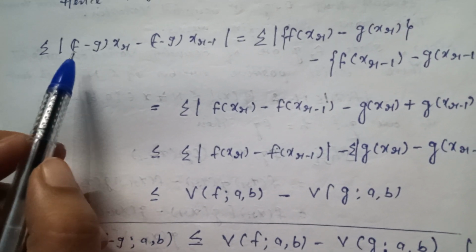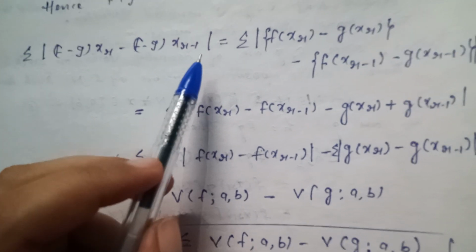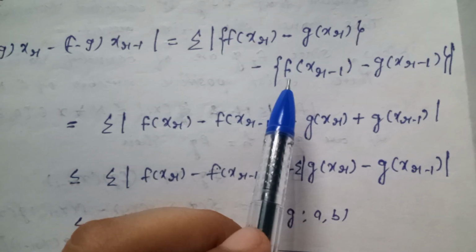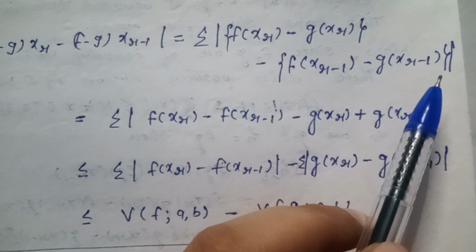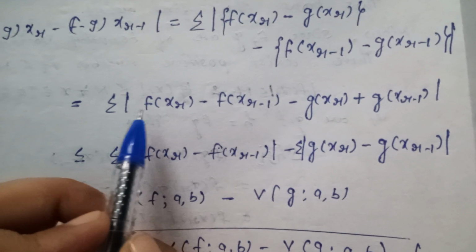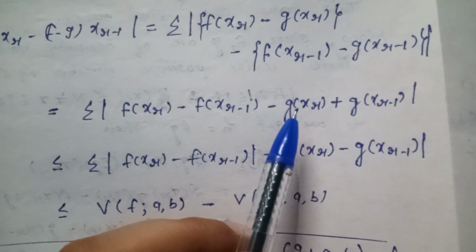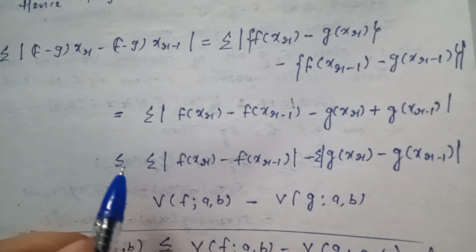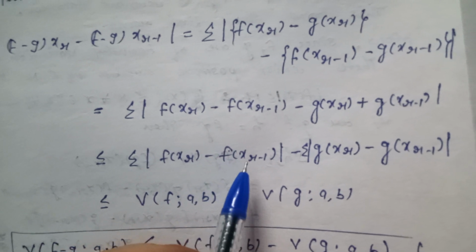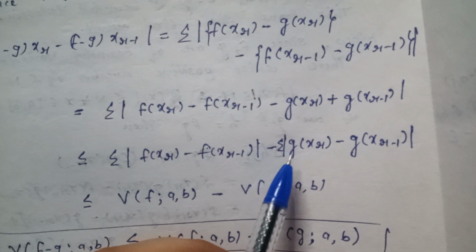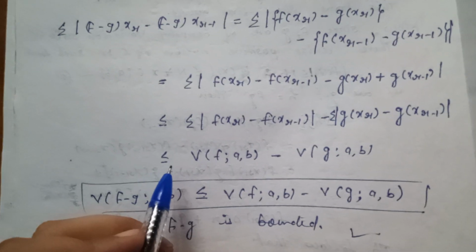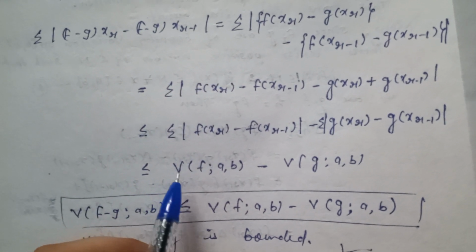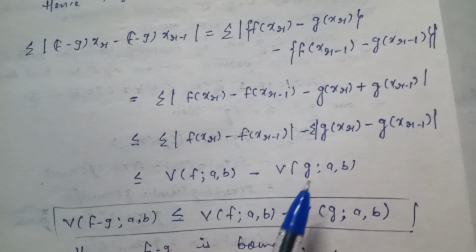Now summation mod (f minus g)(x_r) minus (f minus g)(x_{r-1}) is equal to summation mod f(x_r) minus g(x_r) minus f(x_{r-1}) minus g(x_{r-1}), which is equal to summation mod f(x_r) minus f(x_{r-1}) minus g(x_r) plus g(x_{r-1}), which is less than or equal to summation mod f(x_r) minus f(x_{r-1}) plus summation mod g(x_r) minus g(x_{r-1}), which is less than or equal to Vf(a, b) plus Vg(a, b).